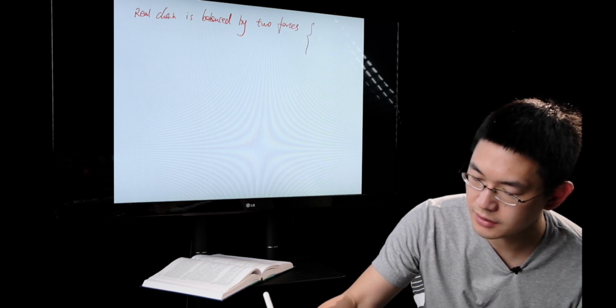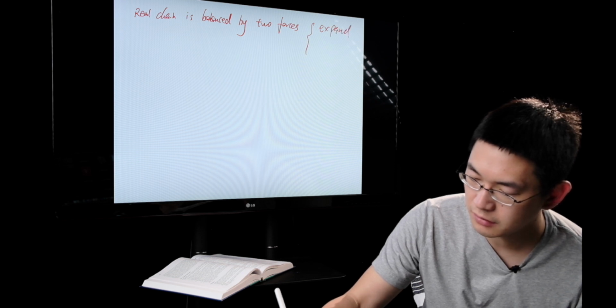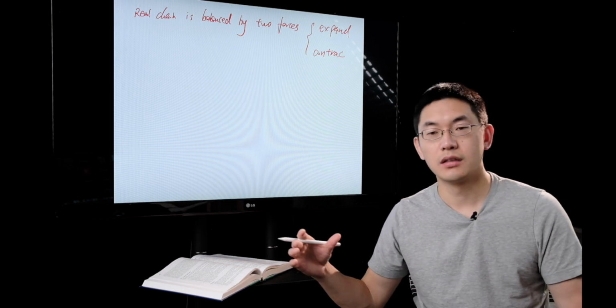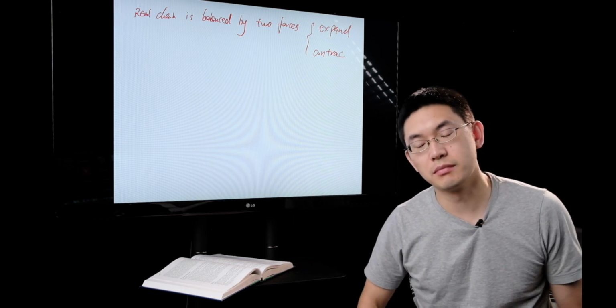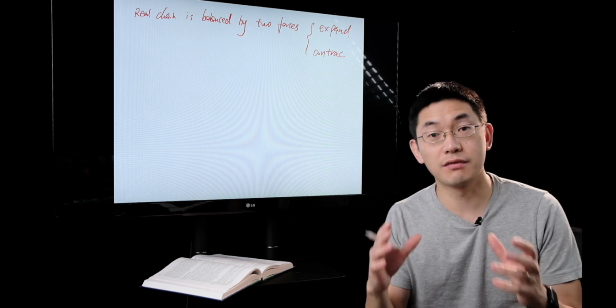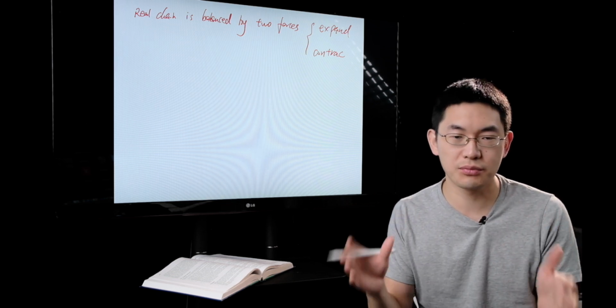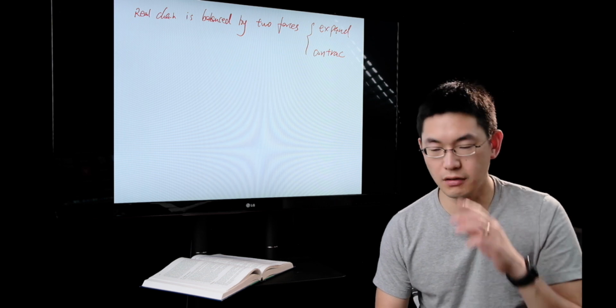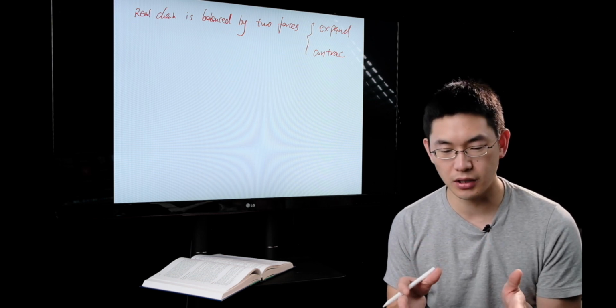One is a force trying to make it contract, make it smaller. The other one is to make it bigger. So by the end of the day, if these two forces balance out, that's where your equilibrium size is. So think about what force can make the polymer expand.